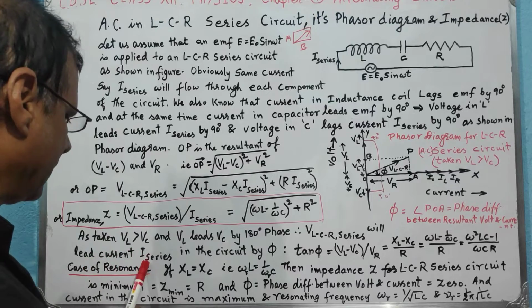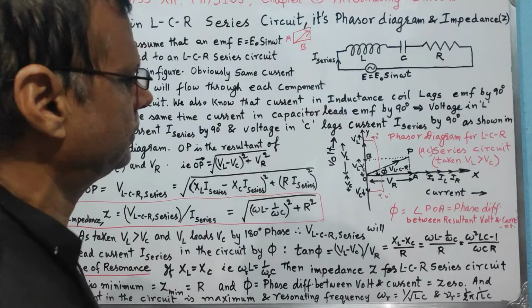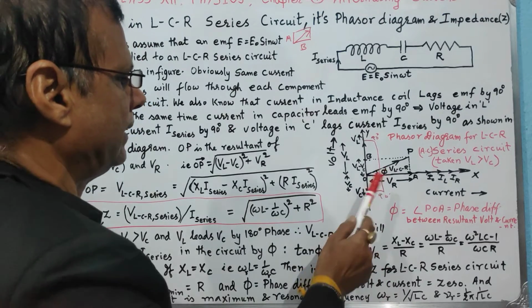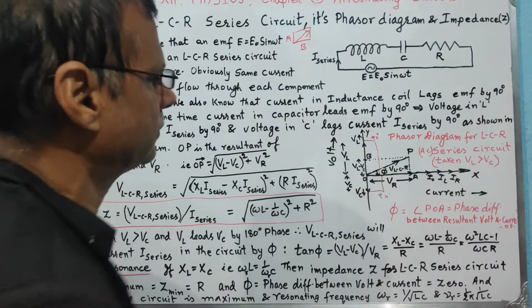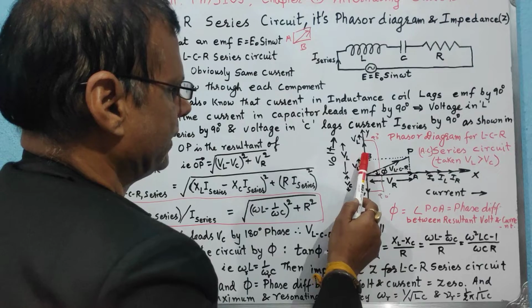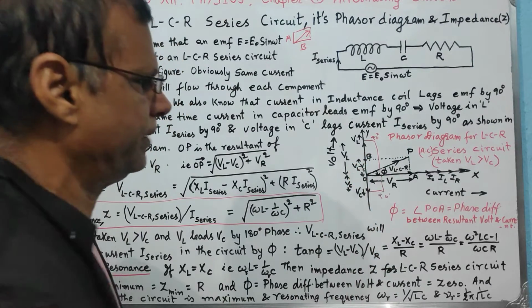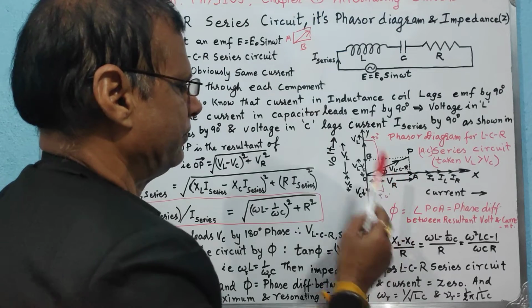the net potential will lead the current by some angle phi, and we can get the value of phi from this triangle POA. You can have tan phi equal to PA, that is VL minus VC, divided by OA, that is VR.